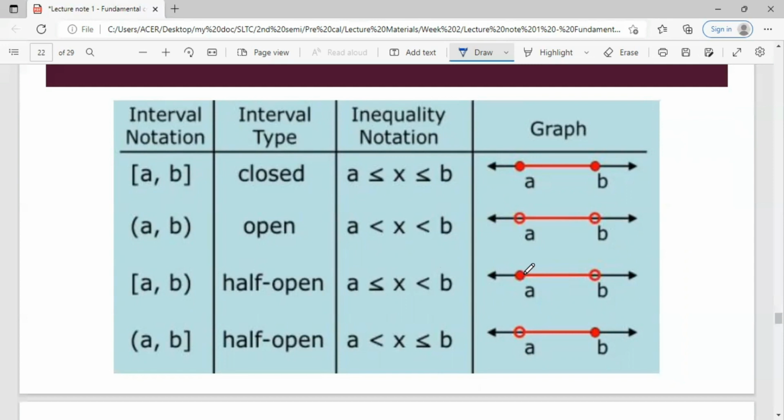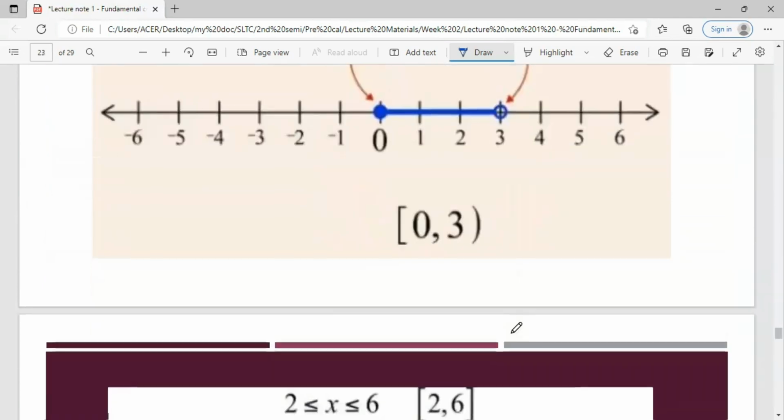So here we just draw a circle and color it. Here without coloring, just a circle, right? And similarly, this one we also call half open. Then b is closed. Therefore, here draw a circle and color it. Here without coloring, right?